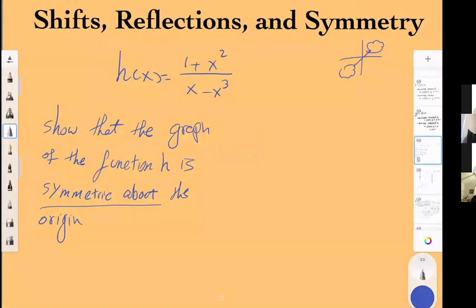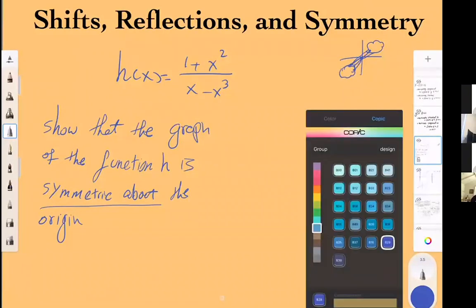But we don't want to use a graphing calculator, print it and show this is the origin. We cannot just point all the points on this part to the origin and continue and say, oh, this is symmetric about the origin. It's not going to work. So we're going to do it algebraically.